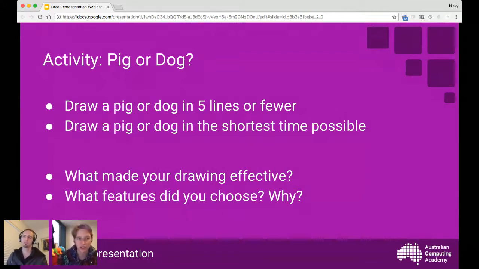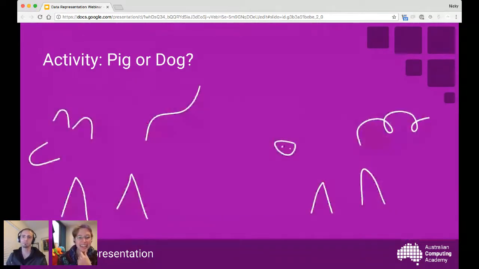So here we have, here's one I prepared earlier. In this case, much like our Angry Birds pig, I've abstracted the body away completely, and we have just the salient piggy or doggy features of pointy-ish ears or a snout or a curly tail. And in fact, those legs aren't really necessary either, so we can get rid of them too.